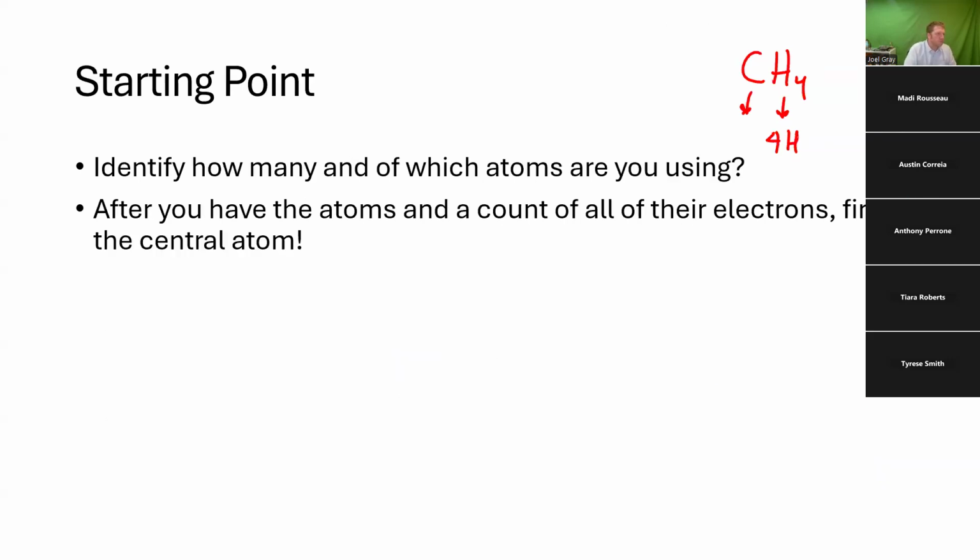So we've got 1 carbon equals 4 electrons. 4 hydrogens equals 4 times 1 electron, or 4 electrons. So our grand total of electrons that we have to work with is 8. Can you give me an A in the chat if you agree with that and follow where I got all that from?